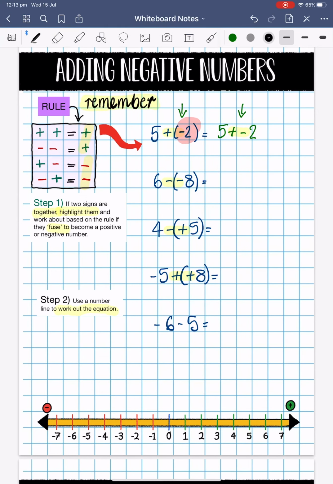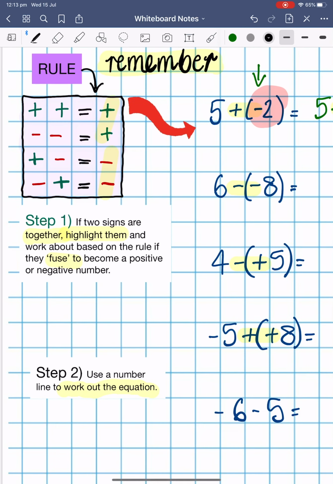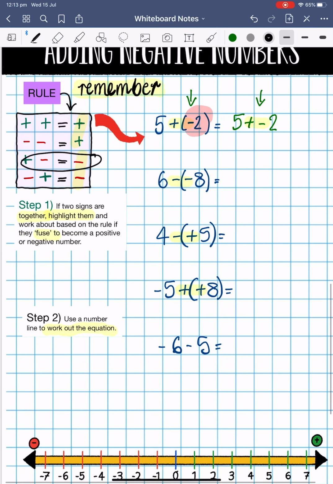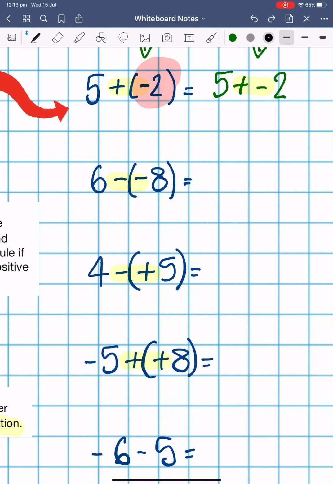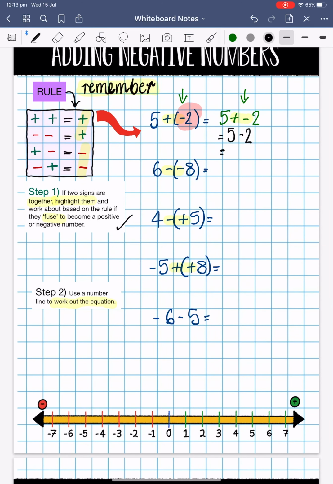So our rule shows us here a positive and a negative make a negative. So let's rewrite that here. So 5 minus 2. Okay, so step 1 is done. Step 2, use a number line to work out the equation.